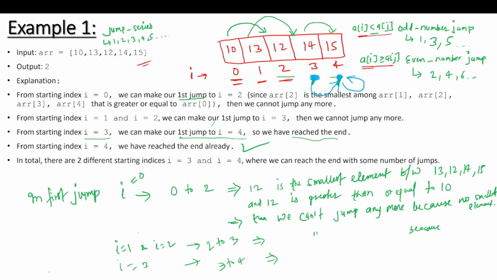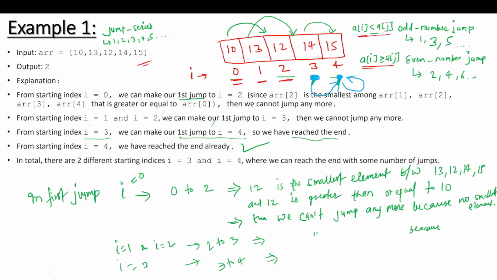So in the even jumps, we will reach 12, and then we do not have any such element that is greater than or equal to. Meaning after 12, there is no such element, so we will stop there.